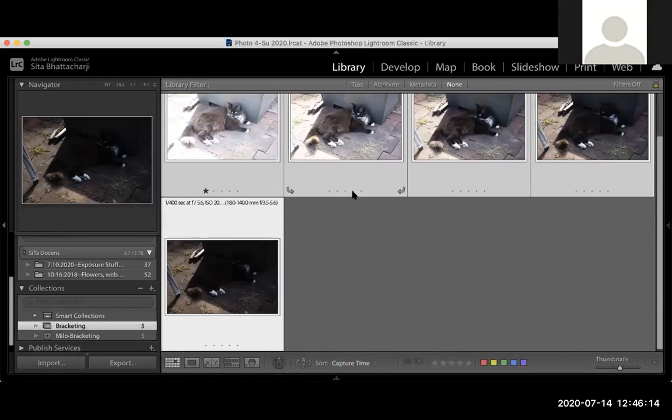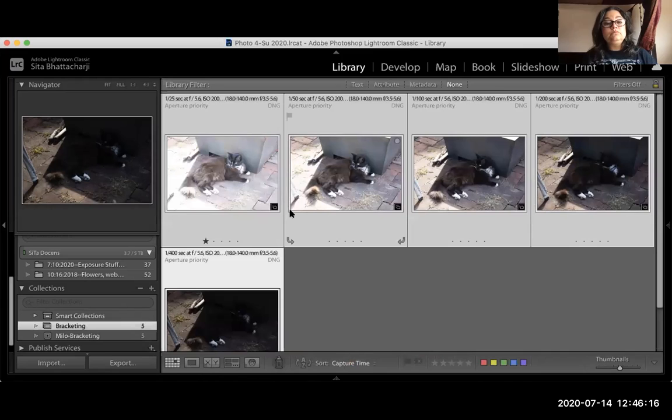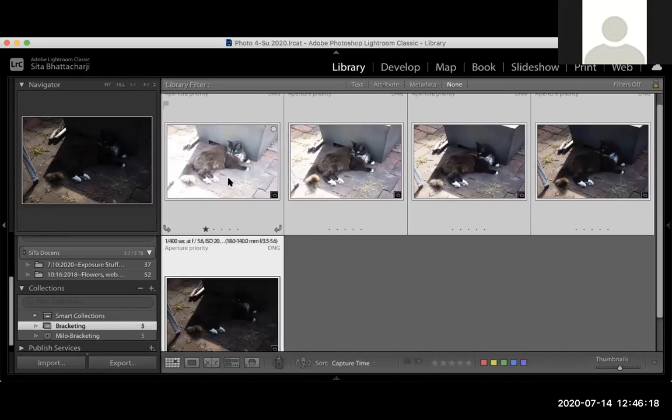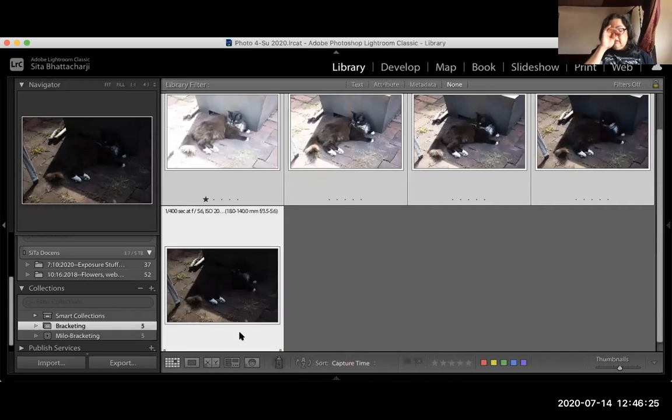So again, here's the overview. +2, +1, normal, -1, and -2. Okay, so that is bracketing.